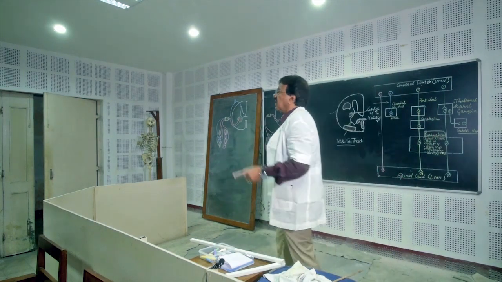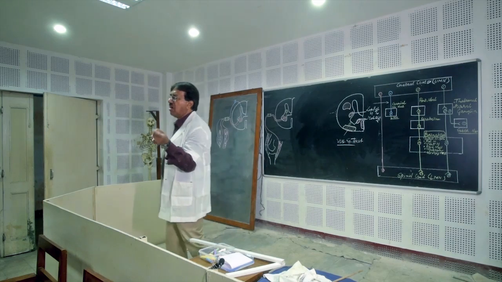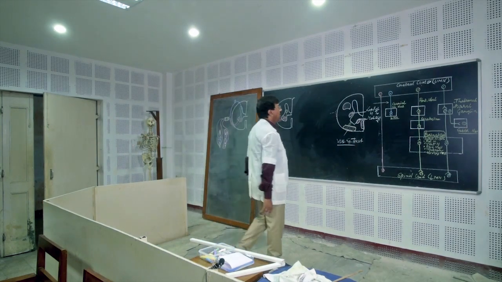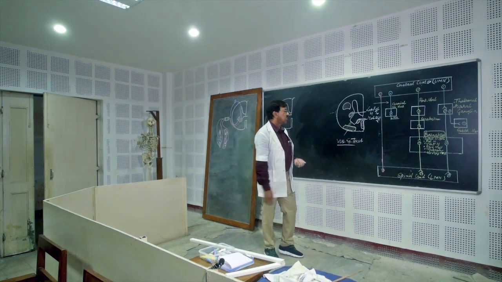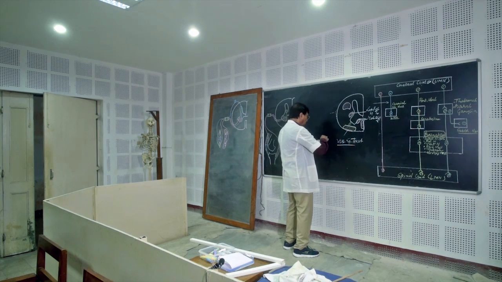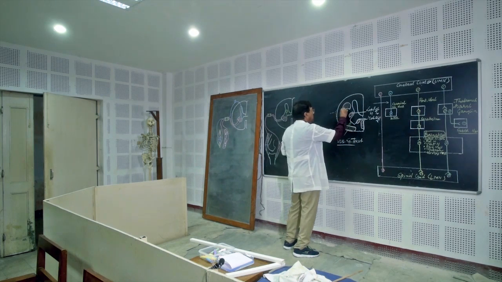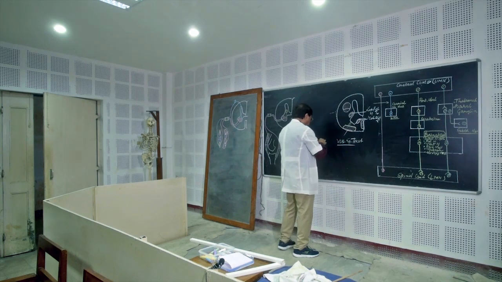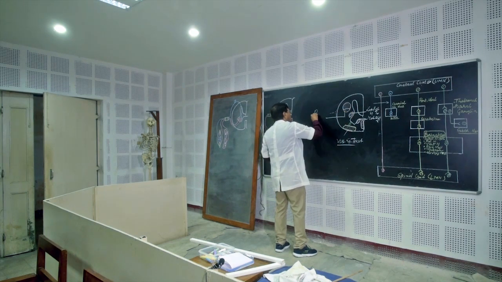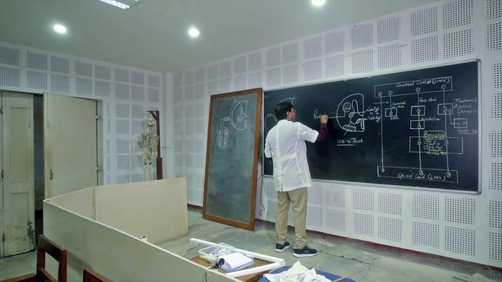So these are in reference to the alteration of body balance. Apart from these, another tract is the rubrospinal tract. We know that this rubrospinal tract lies in front of the lateral corticospinal tract.